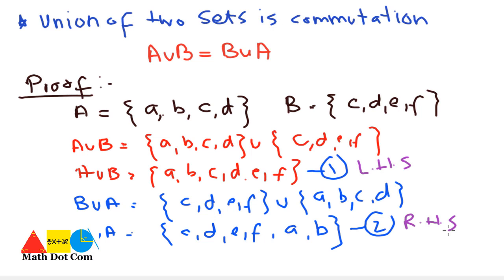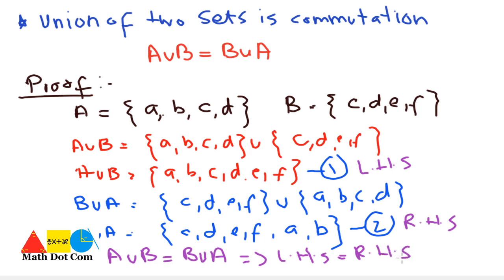Since in A union B there is A, in B union A there is A, then B, C, D, all the elements are matching. It means that A union B equals B union A, hence proved, since left hand side equals right hand side. So this is how we have proved the commutative property of the two sets.